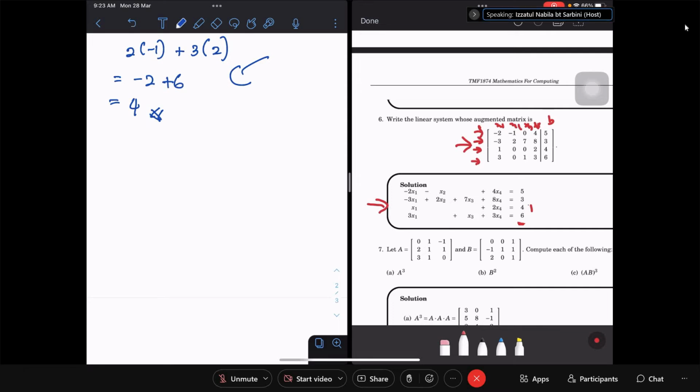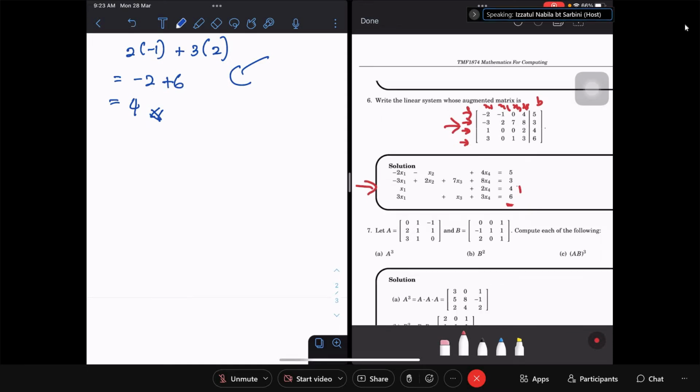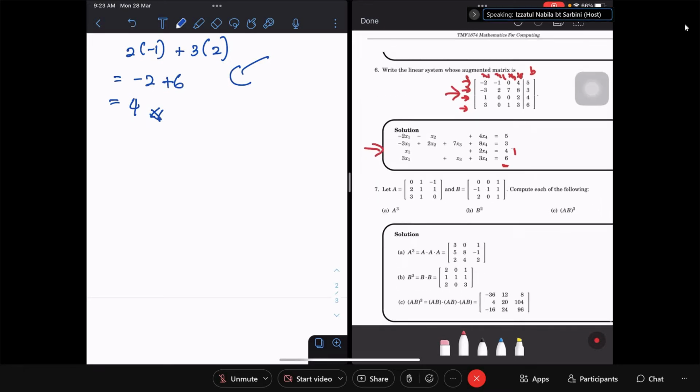So kalau dah faham ni, you know that every time you want to solve a linear system, you need to change the system into an augmented matrix, right? In order for you to do the row reduction. So you need to know how to change from augmented matrix to linear system and linear system to augmented matrix, right?